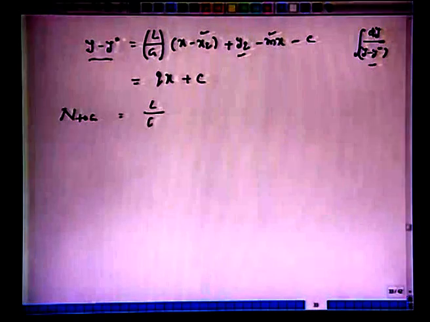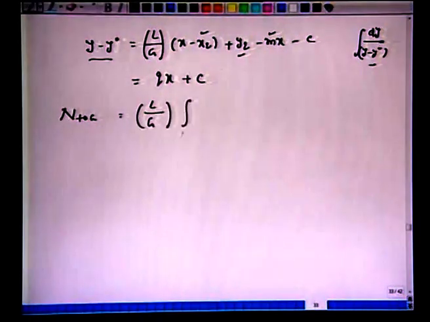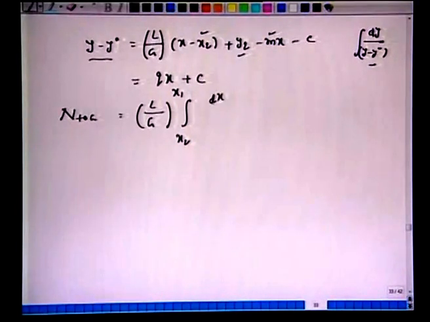Now, one can go back and integrate the expression for NTOG to obtain L by G, integral from x 2 to x 1 of dx over q x plus r. Actually, instead of q x plus c, let us use q x plus r, where r is the new constant instead of c, that is y 2 minus c L by G x 2.